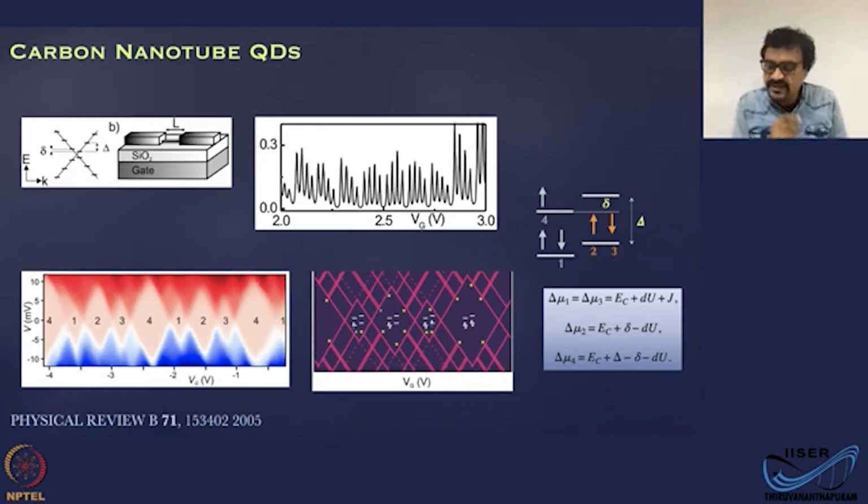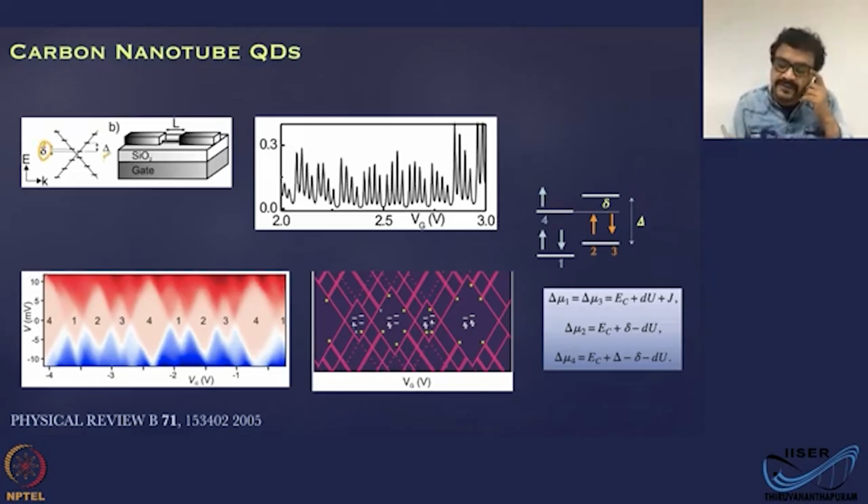And interestingly, in the carbon nanotube, because of confinement, you have an offset in the subband. A small offset, small delta, written here between 2 subbands.